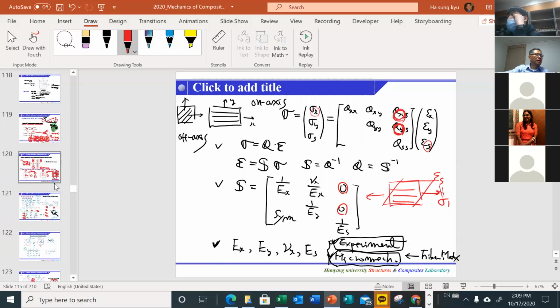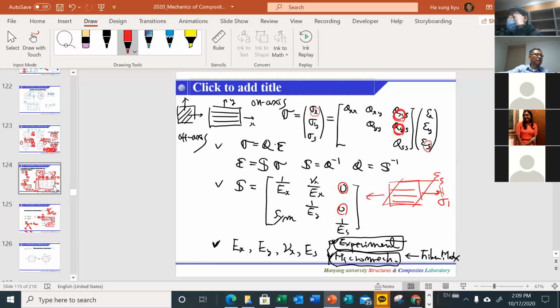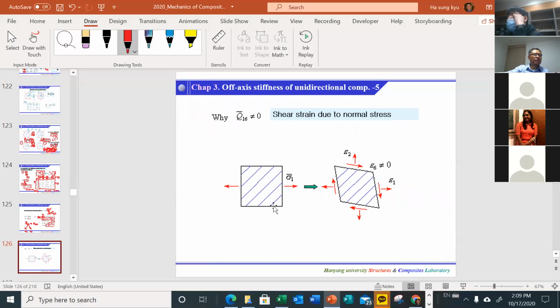on axis. But in off axis, I like to emphasize there is a non-zero shear strain. This is non-zero. This is very obvious. Let's say if we apply the sigma 1 in off axis, which is on axis, when we apply this sigma 1, we will have an epsilon 1 and epsilon 2, of course, but not only a normal strain, but also this off-axis strain.